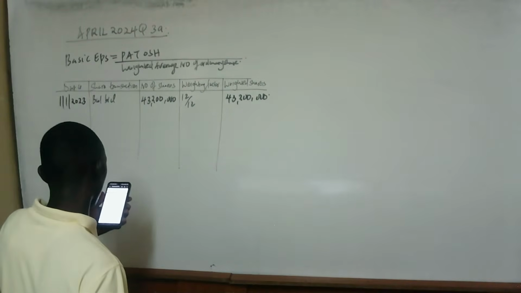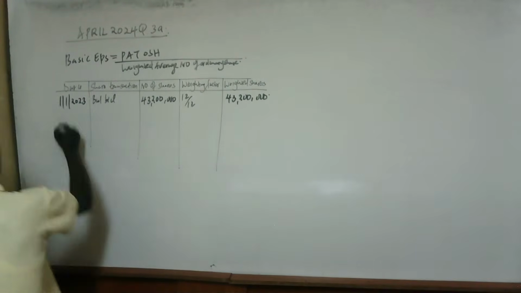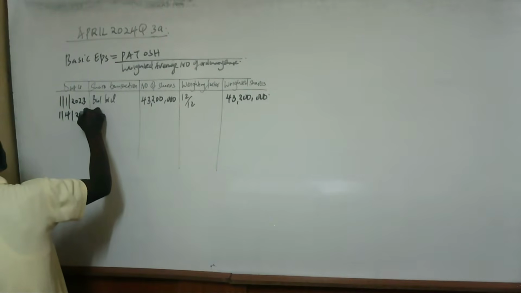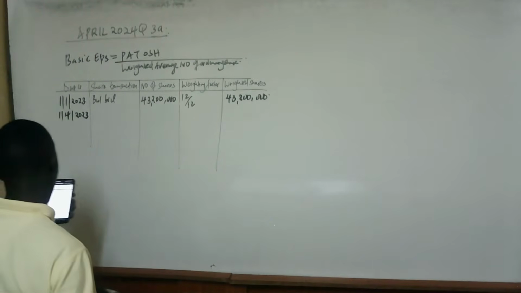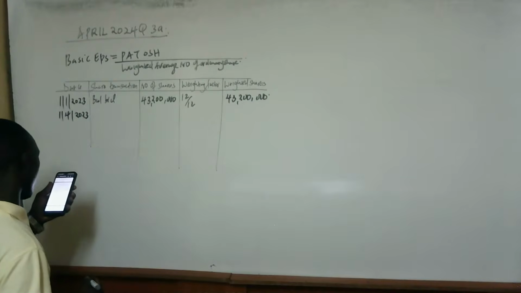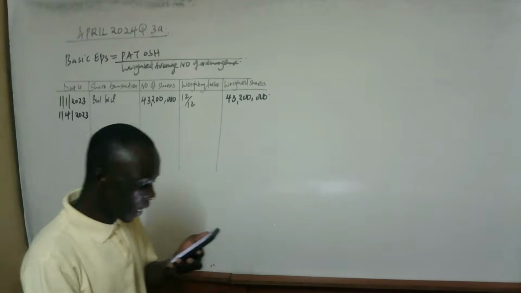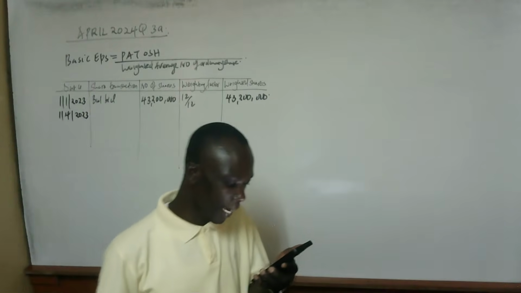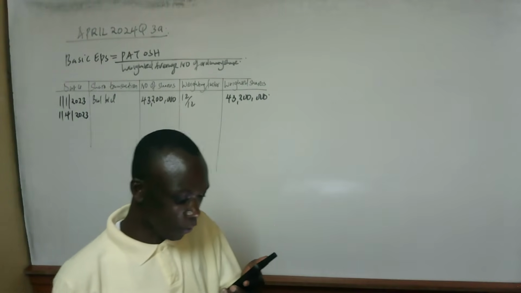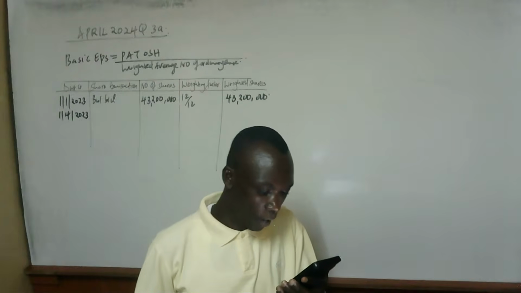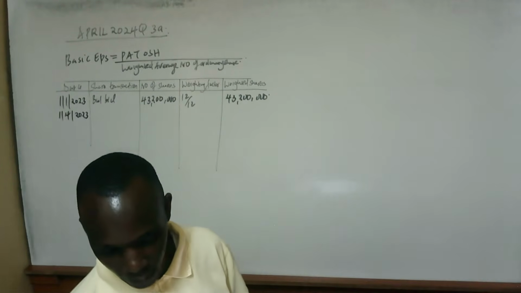Additional information: we are told that on 1st April 2023, the company invited the current ordinary shareholders to subscribe for a rights issue on the basis of 2 new shares for every 3 shares held.